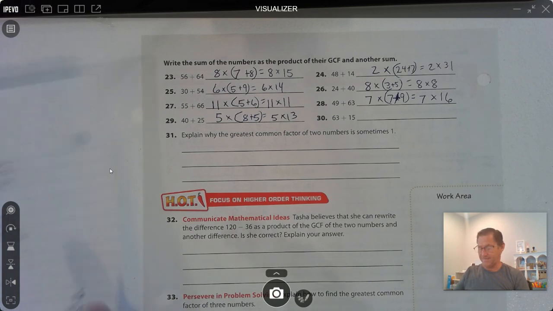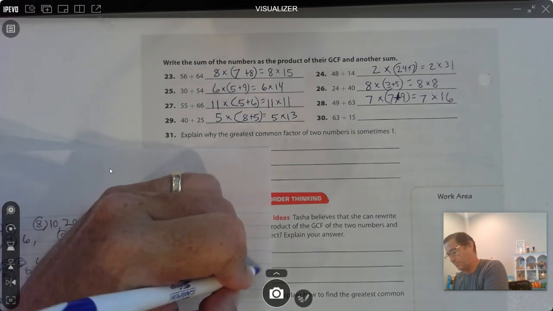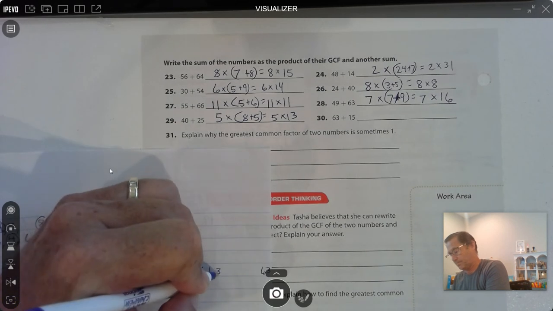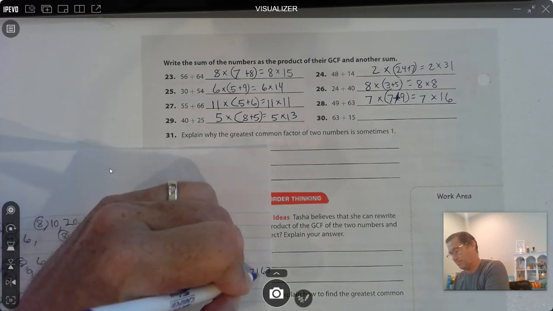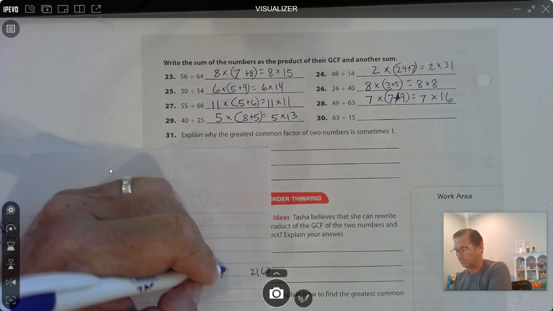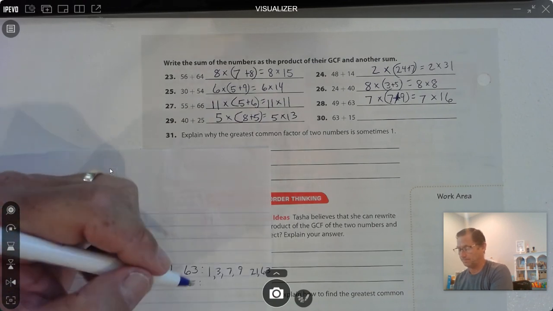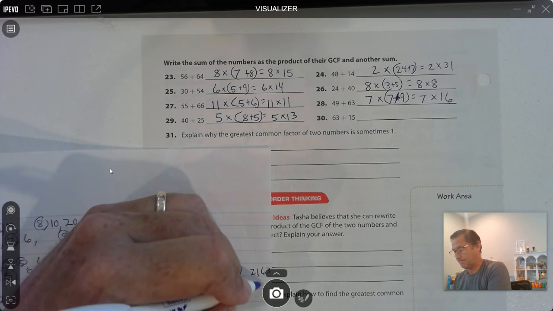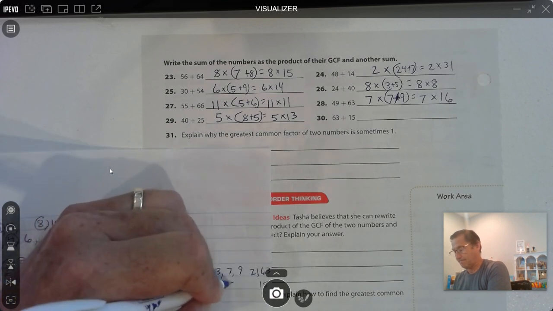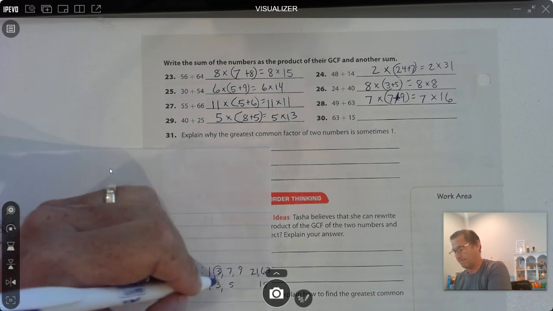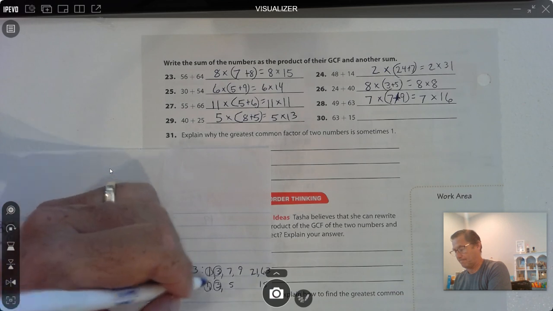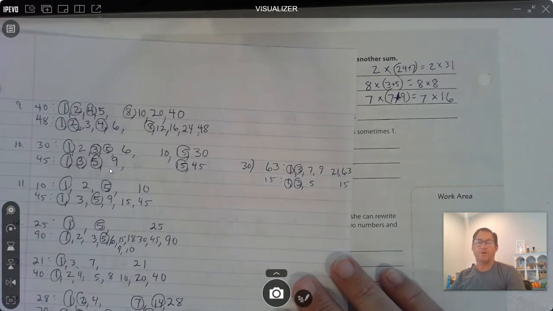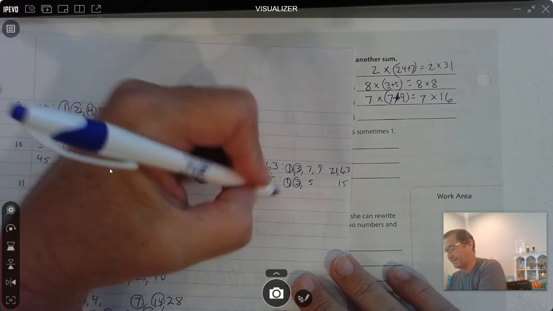And 63 and 15. Okay, the greatest common factor between 63 and 15 is 3.